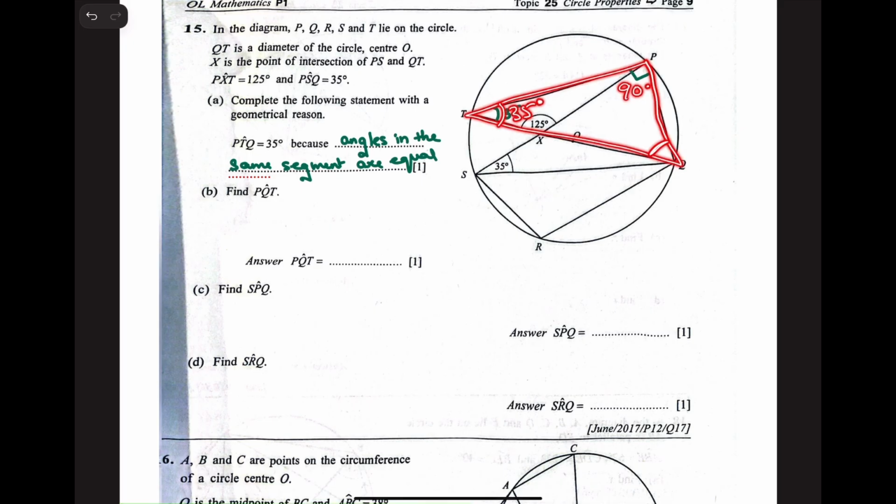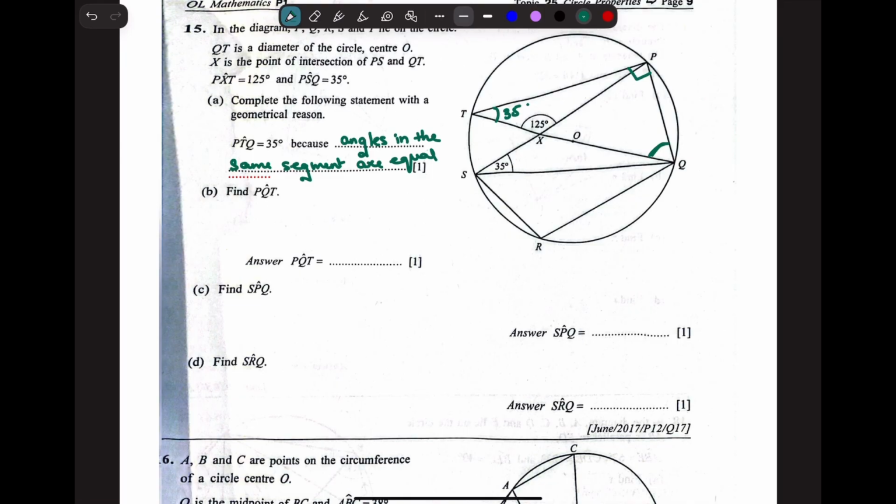We can very easily find angle PQT. So 90 plus 35 plus angle PQT should add up to 180. So angle PQT is 180 minus 125, which gives you 55 degrees. Okay, so this is 55 degrees.